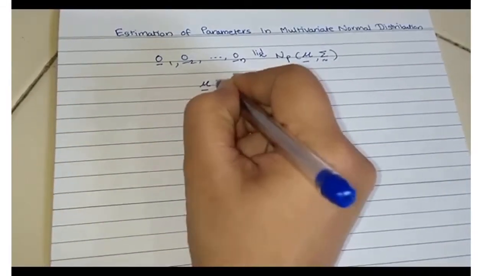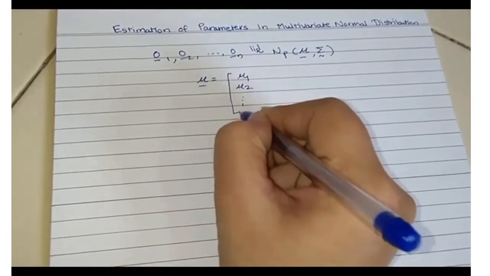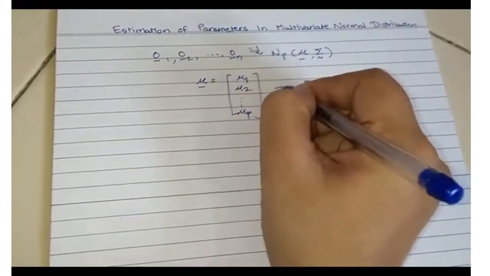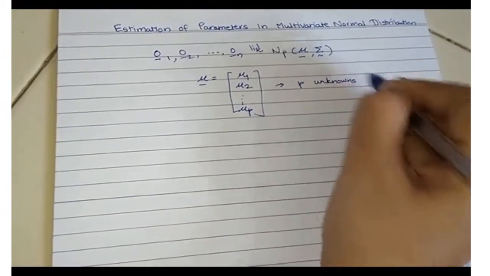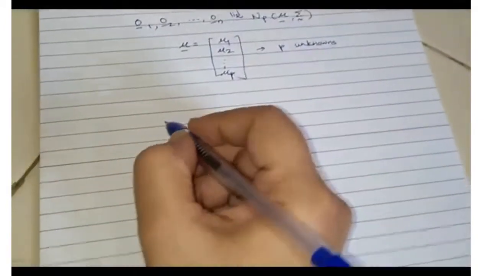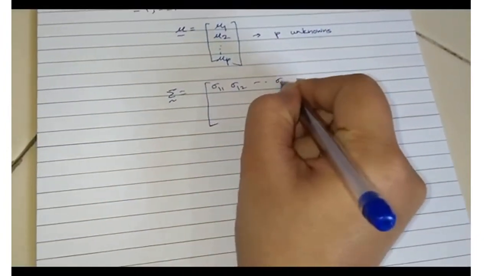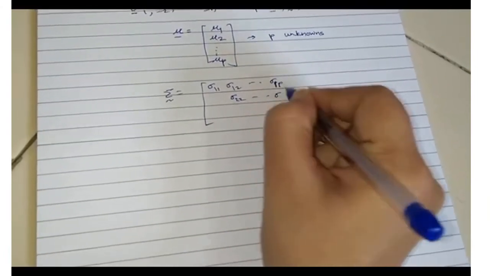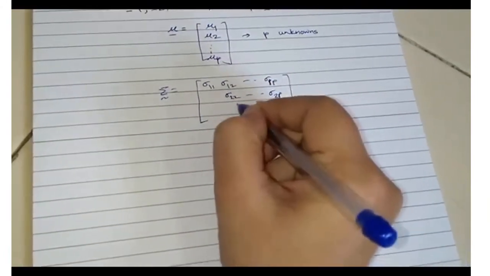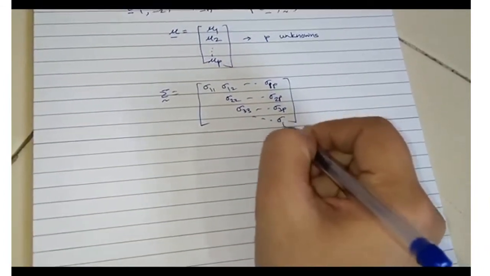So what I know is in this mean vector mu, I have mu1, mu2, mu p. So basically I have p unknown parameters here, and in the variance covariance matrix sigma, I have sigma 11, sigma 12, sigma 1p, then sigma 2p, sigma 33 up to sigma 3p, sigma pp.